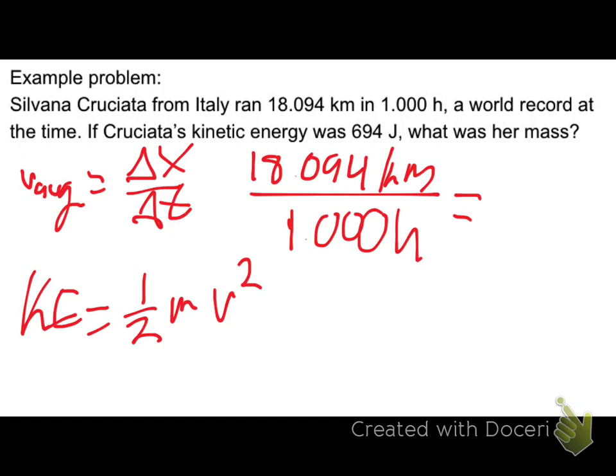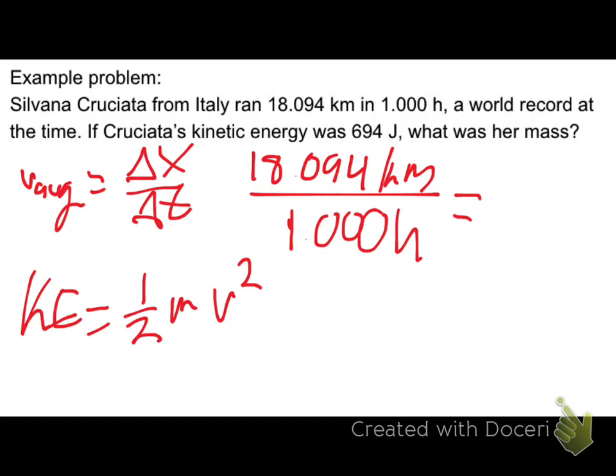Okay, so there are two things we can do. We can either plug in all the information that we know and calculate it out, or we can manipulate the equation to get mass by itself. Either path is fine.